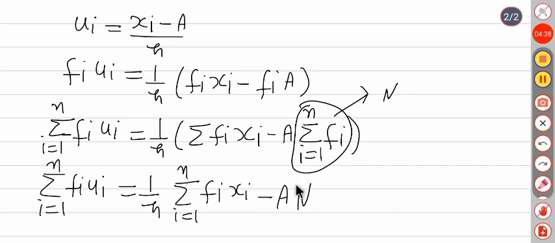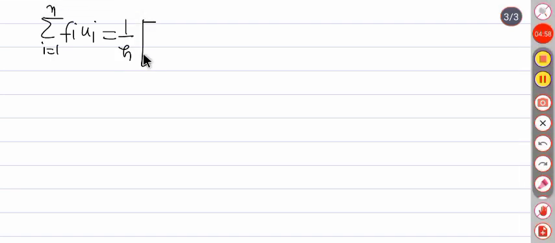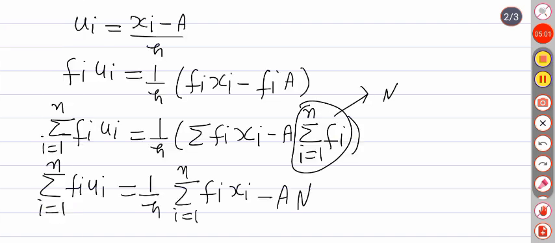Now let us take another page. We had summation from i equal to 1 to n of fi ui is equal to 1 upon h, taken outside, and there should be a bracket because 1 upon h is multiplied by all the expressions.